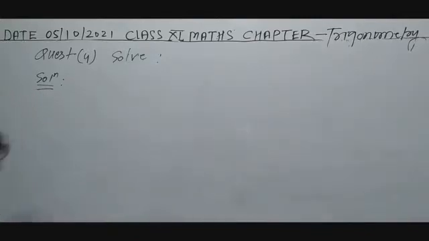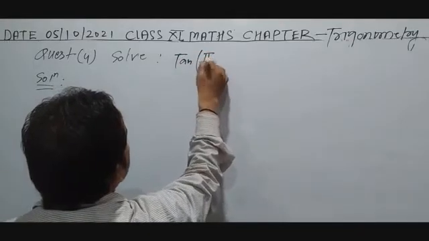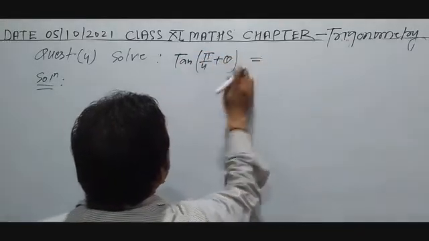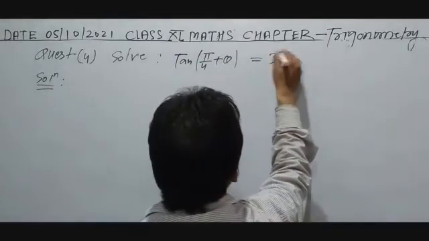Solve tan of (pi by 4 plus theta) is equal to 3 times tan of (pi by 4 minus theta).